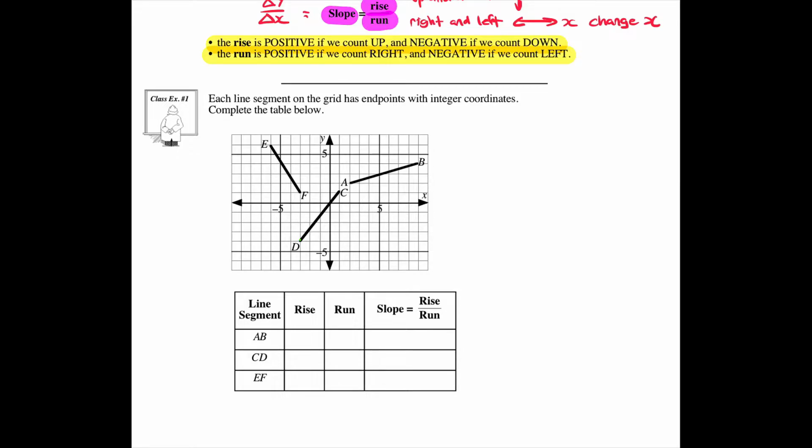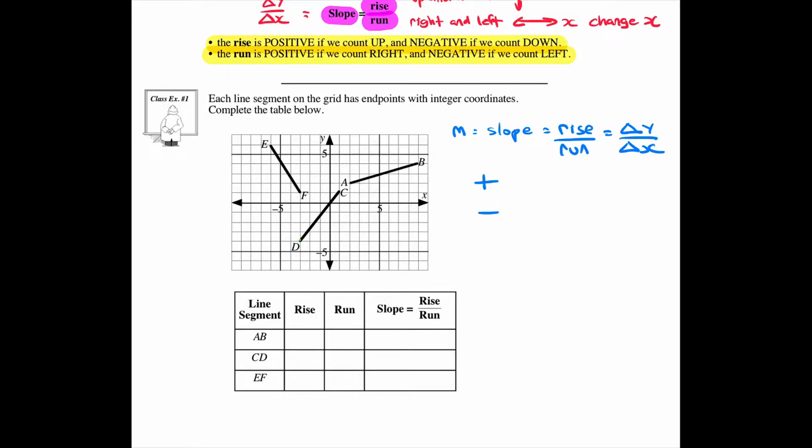Okay, let's take a look at class example number 1. Before we start this, I just want to inform you that the slope, which we usually call lowercase m, which again we said was rise over run, which is the change in y over the change in x, is either going to be positive or negative.